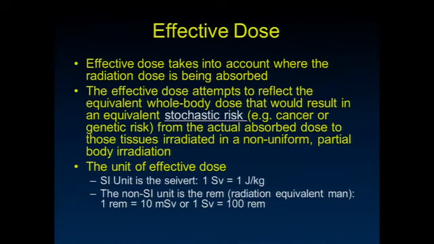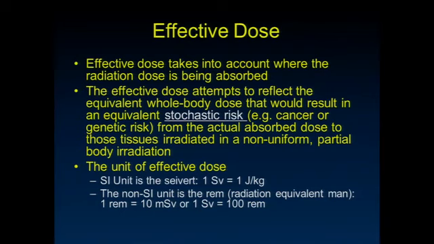So what effective dose tries to answer is, if we irradiated the entire body with a dose of radiation, what would be the dose that would give an equivalent risk of some of these stochastic effects as what that chest CT provided? That's what this is doing.